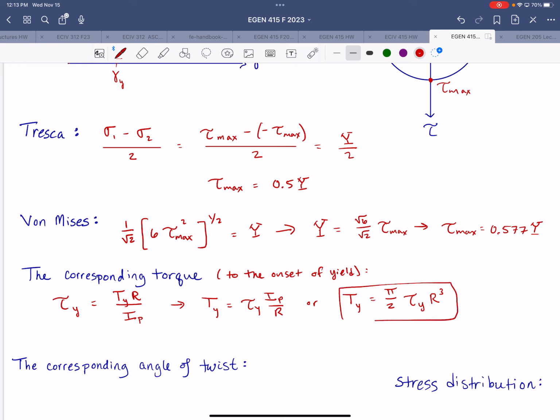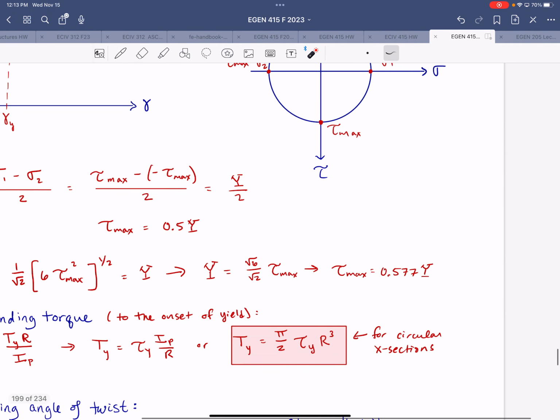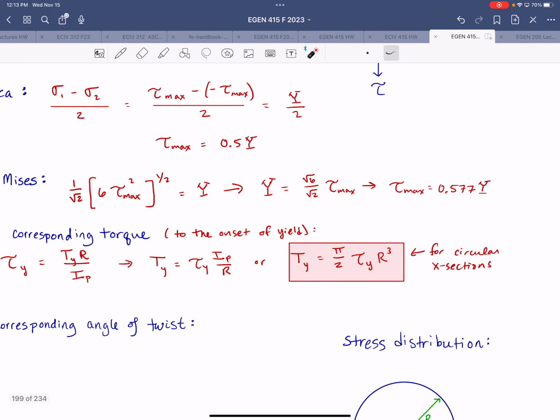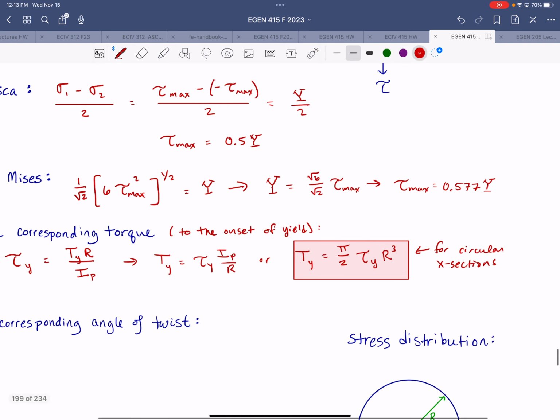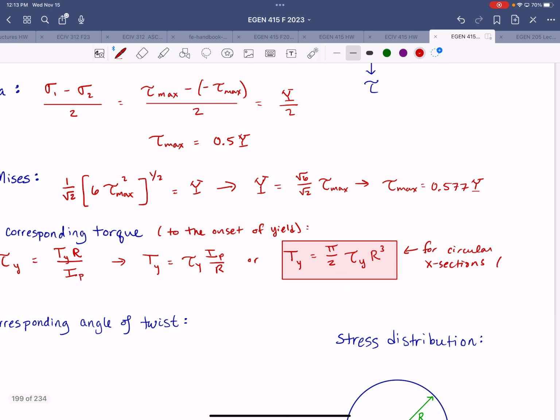This version would specifically be for circular cross sections, after plugging in the appropriate expression for the polar moment of inertia. And I will further specify solid circular cross sections for this.